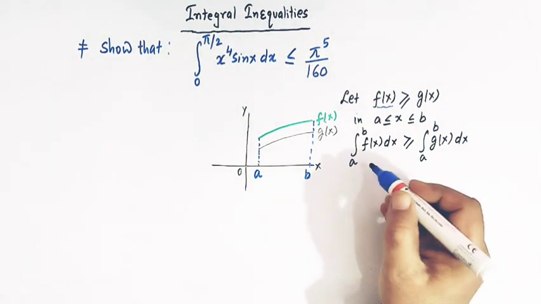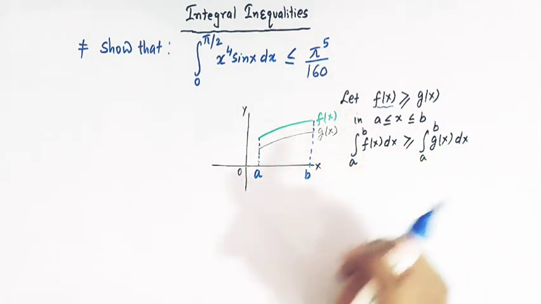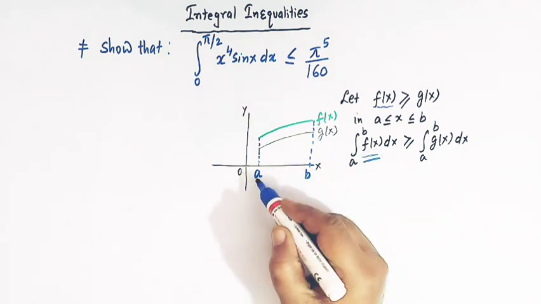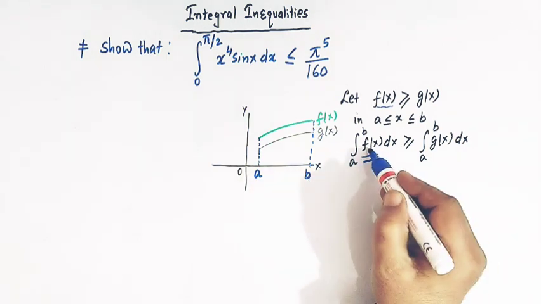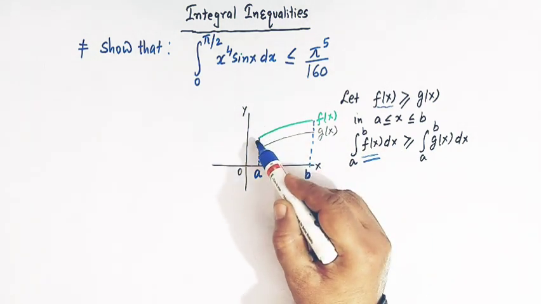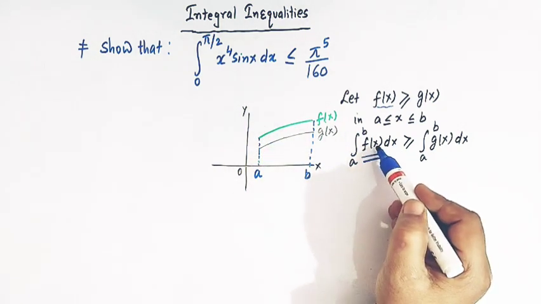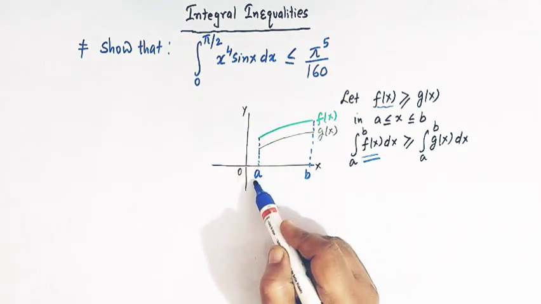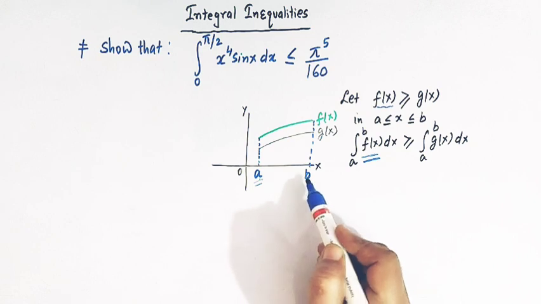Now from the definition of the definite integral, we know that the integral from a to b of f of x denotes the area bounded by f of x, the x-axis, and the points from a to b.